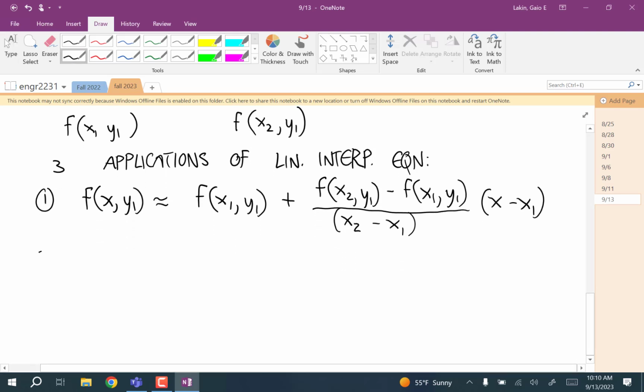Now we'll do the same thing, but using y2 as if it's constant.